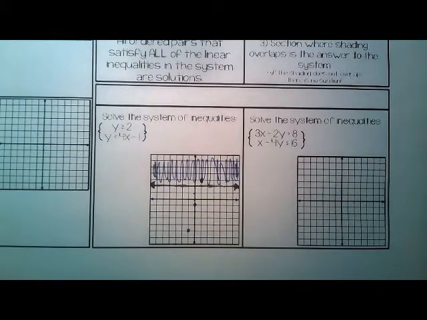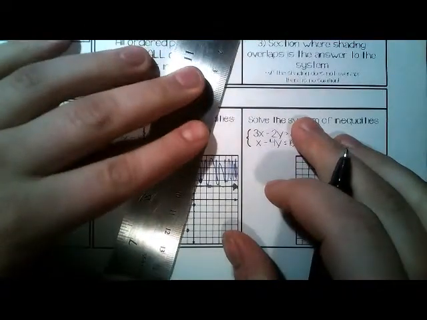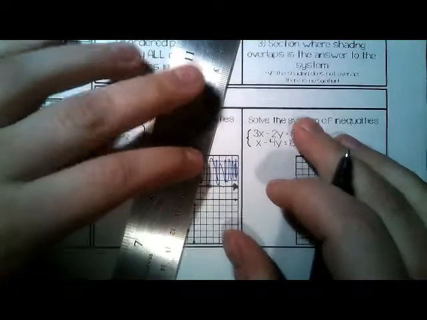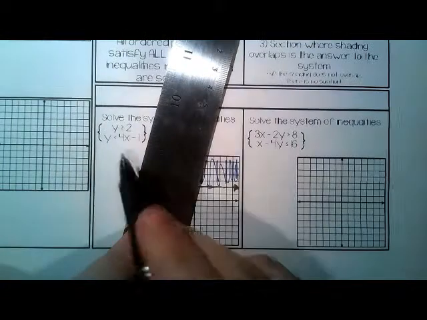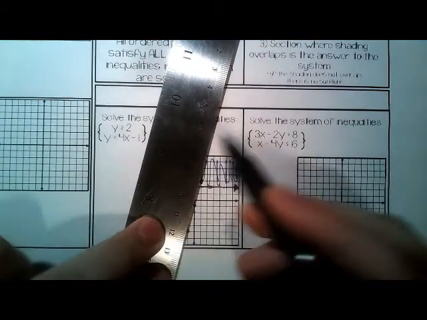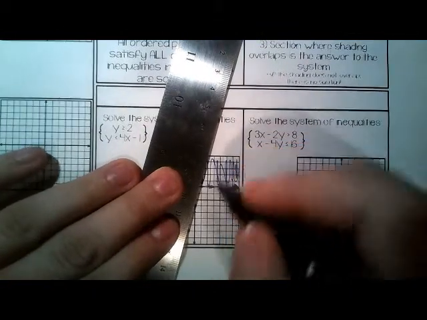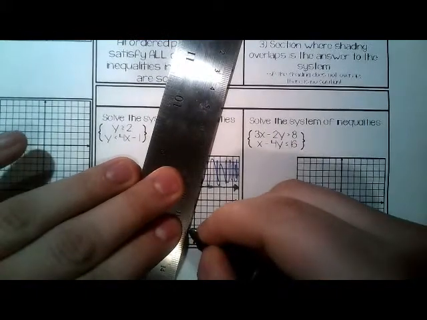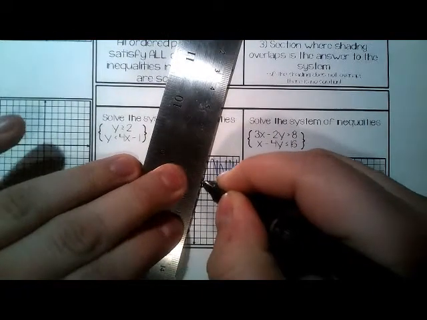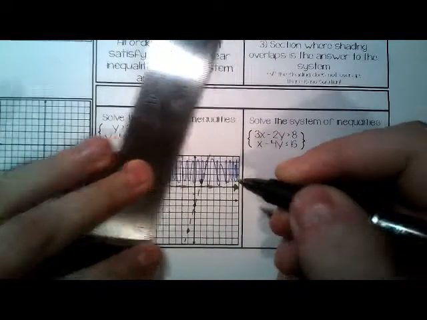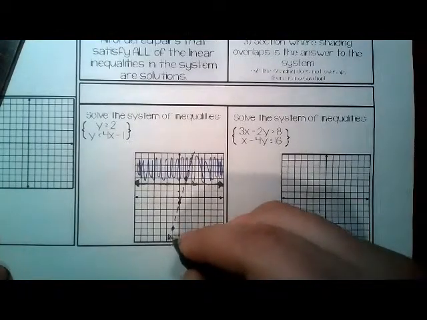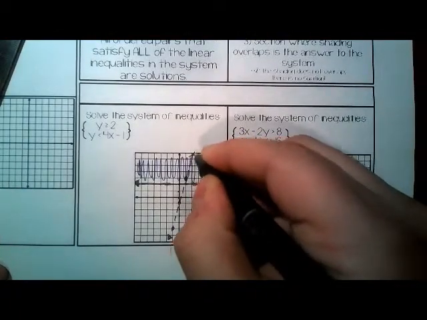And I draw that line. Now this line is going to be dashed because it's not or equal to. So as I have my ruler, I'm just going to lift up my pen every couple of spots to make a nice dashed line. Get some arrows here.